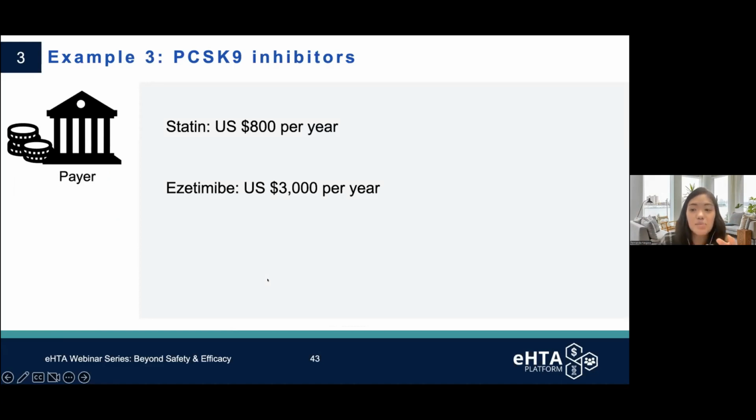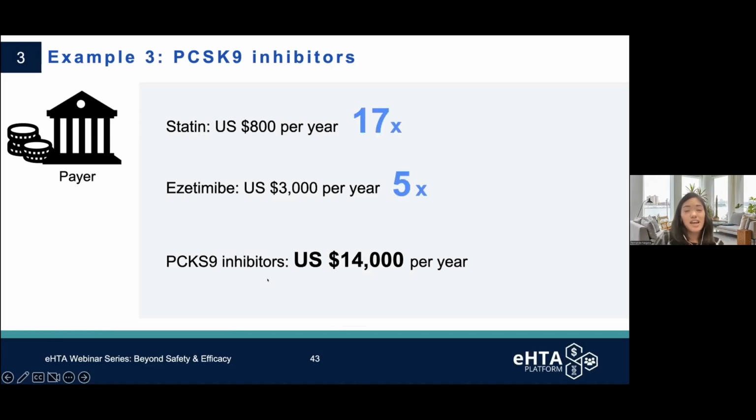To treat the same patient with ezetimibe, it would cost payers about $3,000 per year. What about PCSK9 inhibitors? Well, they would cost $14,000 per year to treat that same patient, who would likely need that treatment for the rest of their life. And as you can see, it was quite a bit more expensive than statin and ezetimibe.